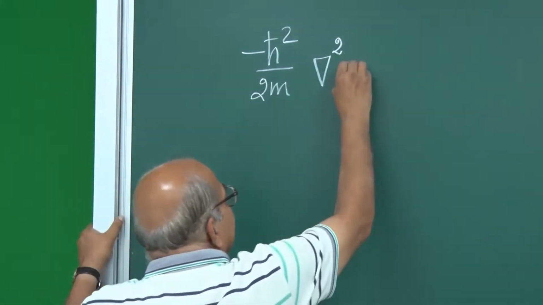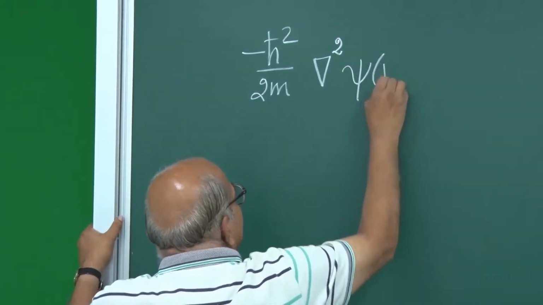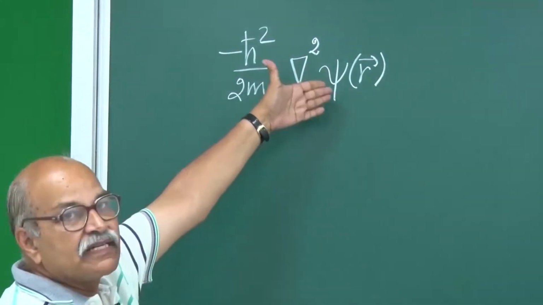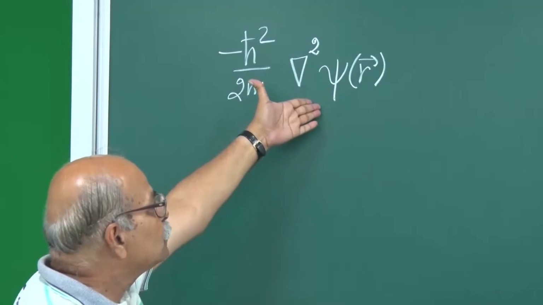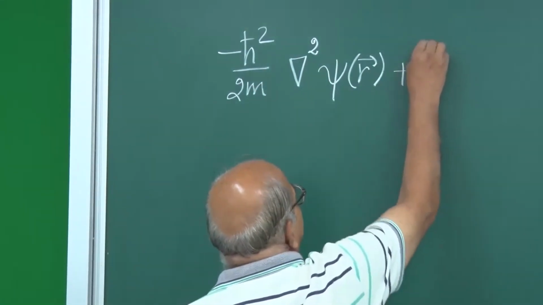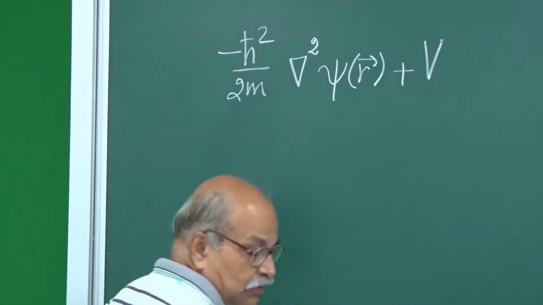and then you have a function of space point x, y, z. You can write this as a function of x, y, z or whatever coordinates you use to describe a point in space, and then V, potential energy.